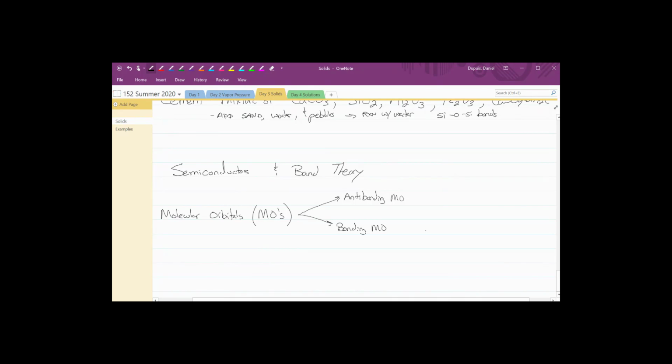The bonding MOs we call the valence band. And the anti-bonding MO we call the conduction band. And the difference in energy between them we call the band gap.